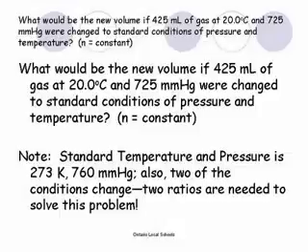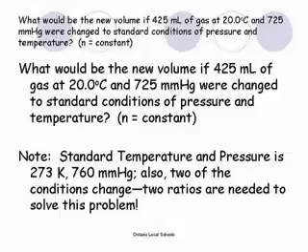In this case, the number of moles of gas will remain constant. And again, please note, standard temperature and pressure is 273 Kelvin, 760 millimeters of mercury. Also note that 2 of the conditions change, so in this problem 2 ratios are needed to solve this.